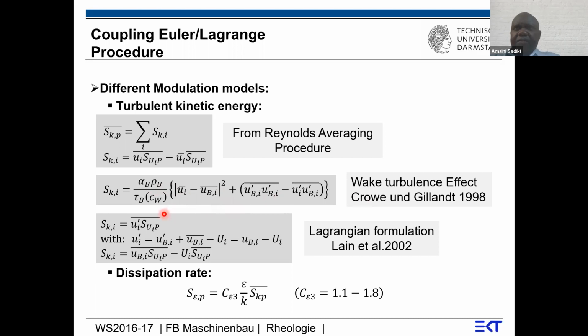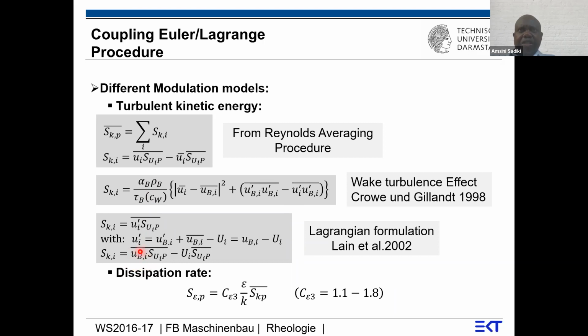By having this from the Eulerian representation, we try to reformulate this expression in Lagrangian form, and you obtain this expression here. This expression, if we compare with this one, is almost the same, but we have a coupling effect.